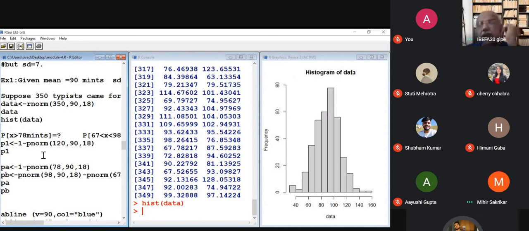Around 90 minutes. And can you tell me roughly an interval where more typists have the speed? Sir, 60 to 120, I guess. Yes, 60 to 120. So this is the meaning given in the question. This is the nature of the speed of all the 350 typists.